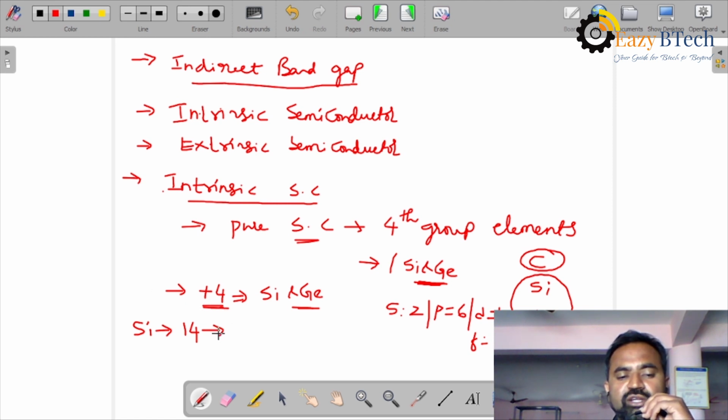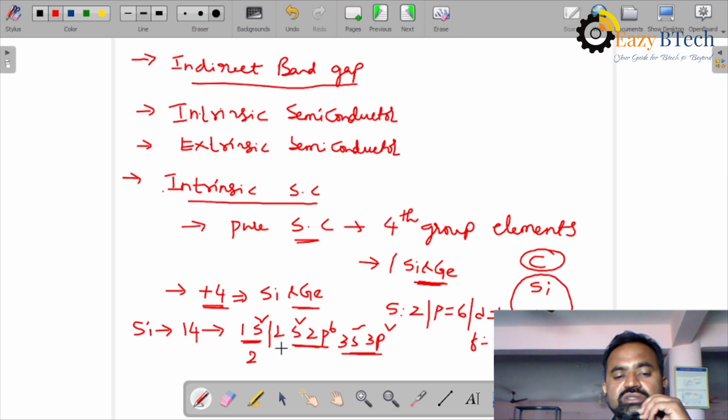Now, as per the atomic number, this electronic configuration can be written as 1s2, 2s2, 2p6, 3s2, 3p2. Students, you can clearly see here: in the first orbit you have only one s shell, which has 2 electrons. In the second shell you have s and p, total 8 electrons.